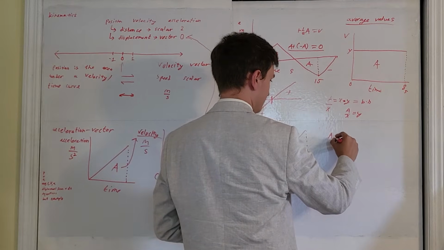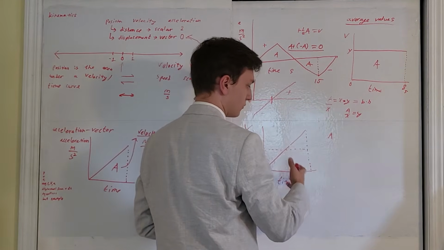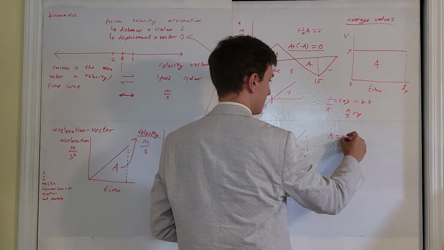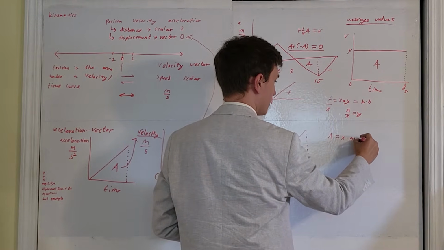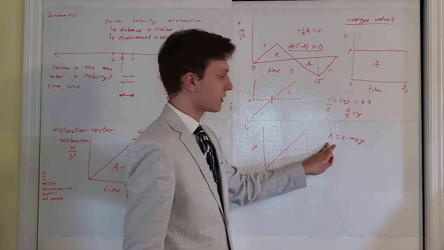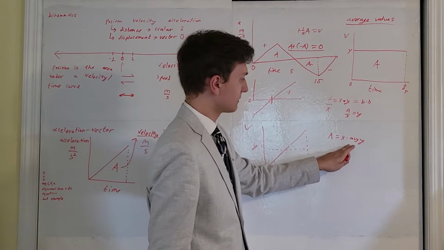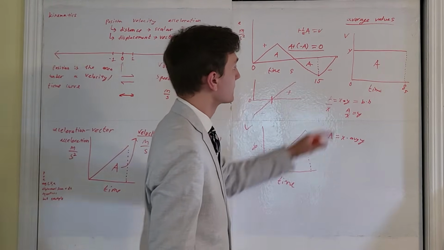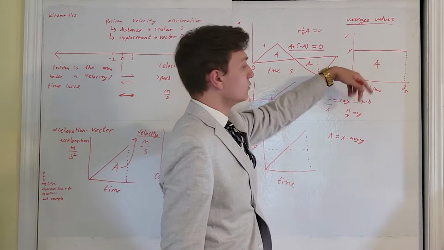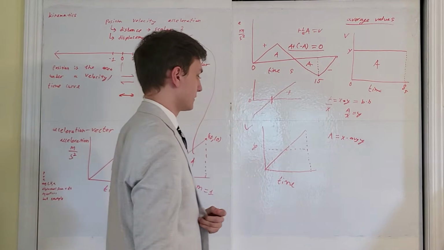The area of our shape, whatever it may be, equals our x value multiplied by the average y value. This is always true. The area under our curve is equal to the x value multiplied by the average y value. In this case, our y value was constant, so our y value was our average y value.